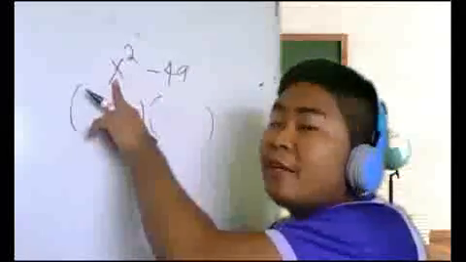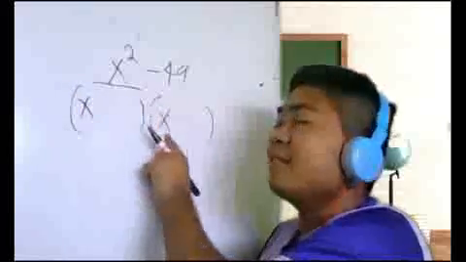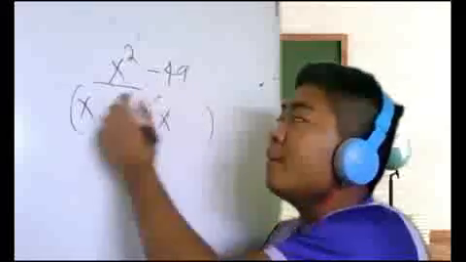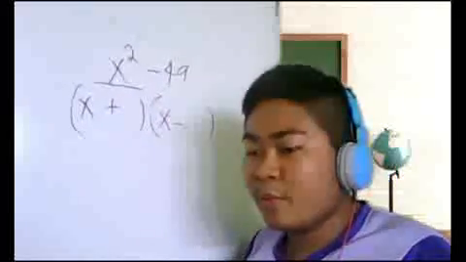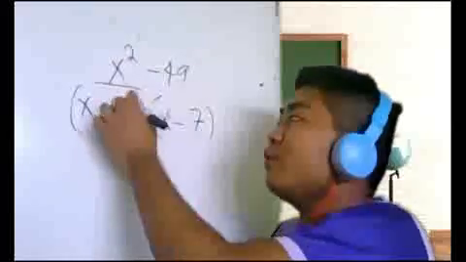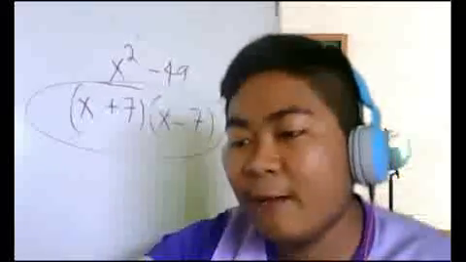Dito, square root of the first term, that is x lang siya, kasi x times x is x squared. And we have positive, negative. We have 49. What is the square root of 49? That is 7. Kaya ito na yung magiging sagot natin. So simple as that, di ba?